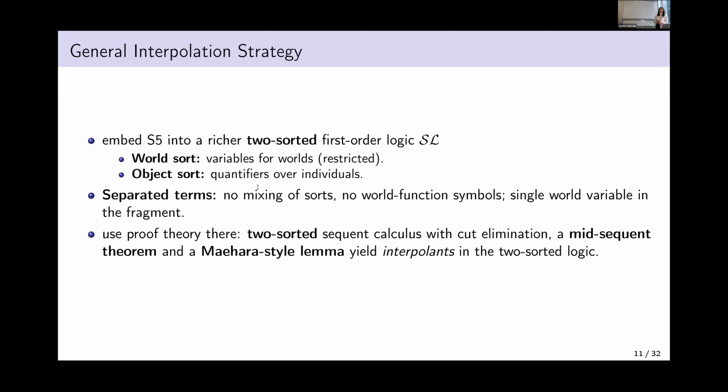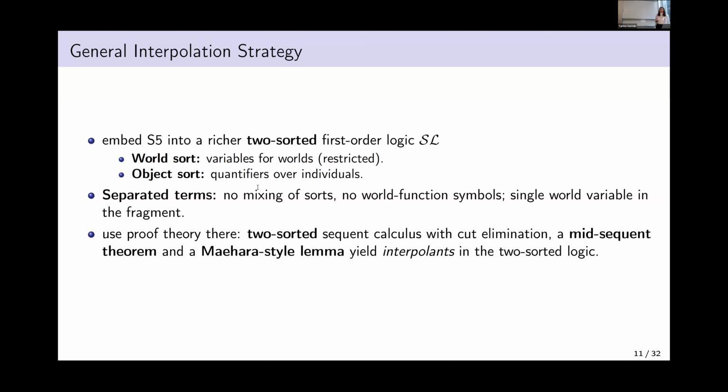And there is a term separation, so the terms are separated, and we don't use any function symbols, so there are no other variables for world classes. And another thing is that when we translate quantified S5, you get one variable class for the world domain, so for world quantifiers.